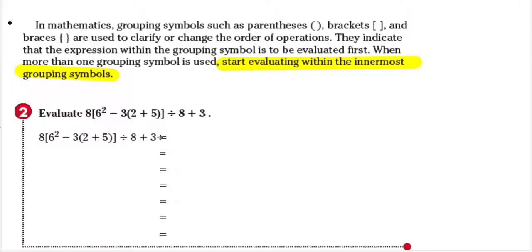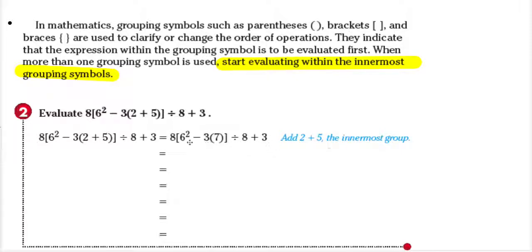In this case, the innermost grouping symbol is the parentheses, so we'll evaluate 2 plus 5 first. The value of 2 plus 5 is 7, so we end up with 8 times the quantity 6 squared minus 3 times 7 close bracket divided by 8 plus 3.